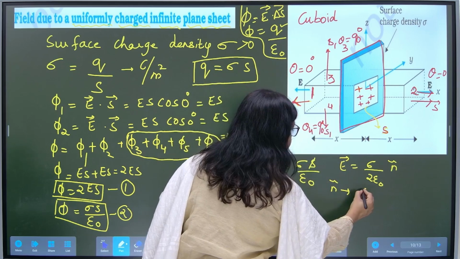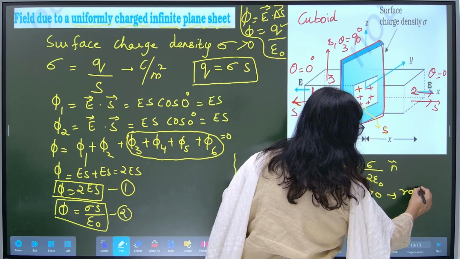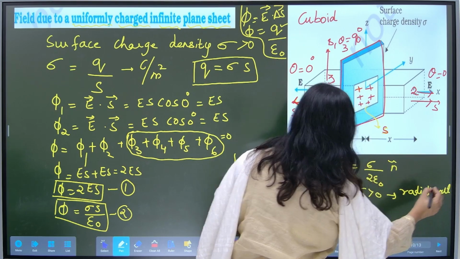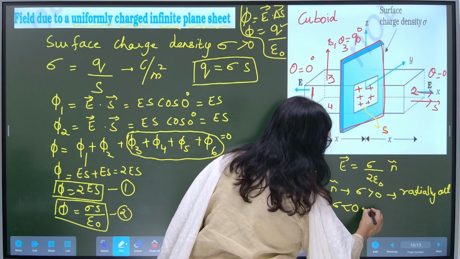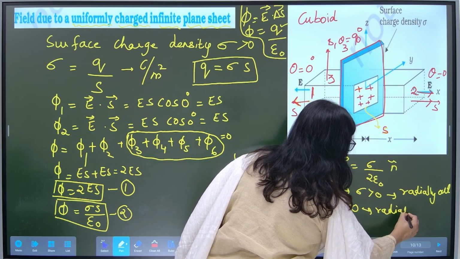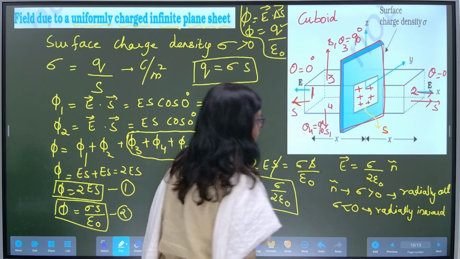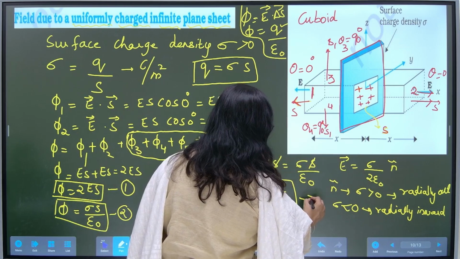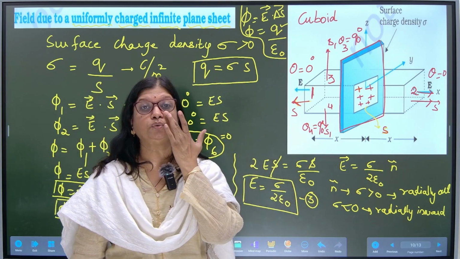If sigma is greater than 0, the direction of the electric field is radially outward, and if sigma is less than 0, the direction of the electric field, or the unit vector, is radially inward. Fine. Now this formula has to be learned by heart by you. It will be useful in chapter number 2 also.